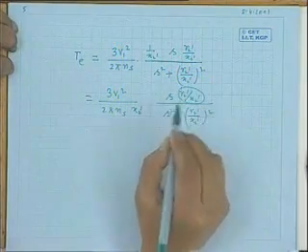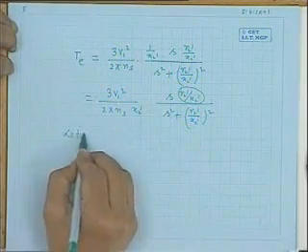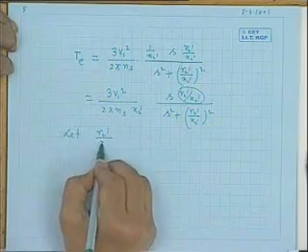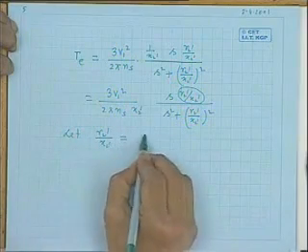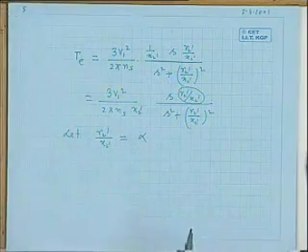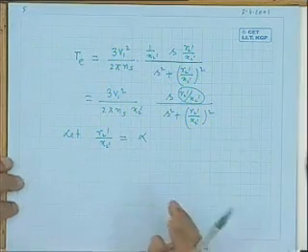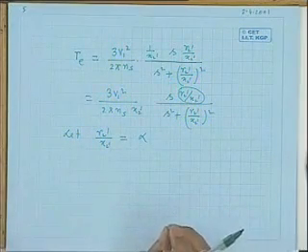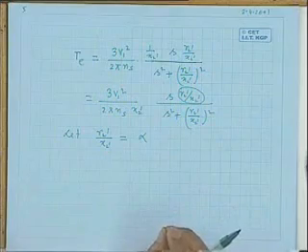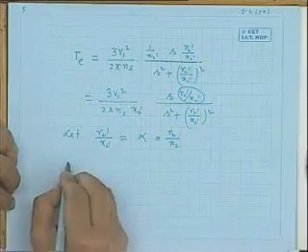Now this ratio, R2 dashed by X2 dashed, let us denote by another variable, let us call it alpha. That is the ratio of the rotor resistance to the standstill rotor leakage reactance, and this of course will be equal to the actual rotor resistance by X2, same as this one.